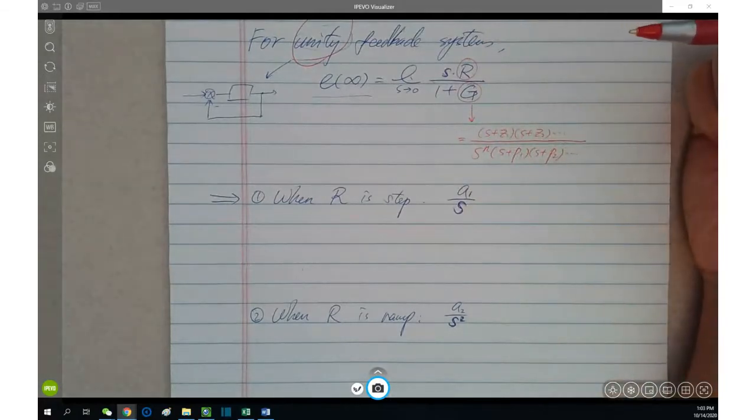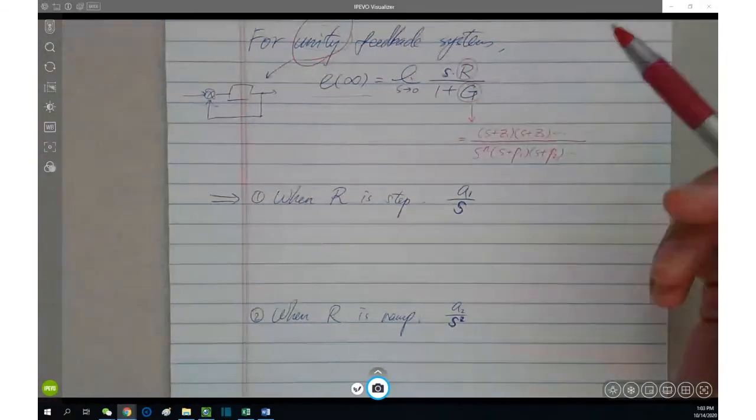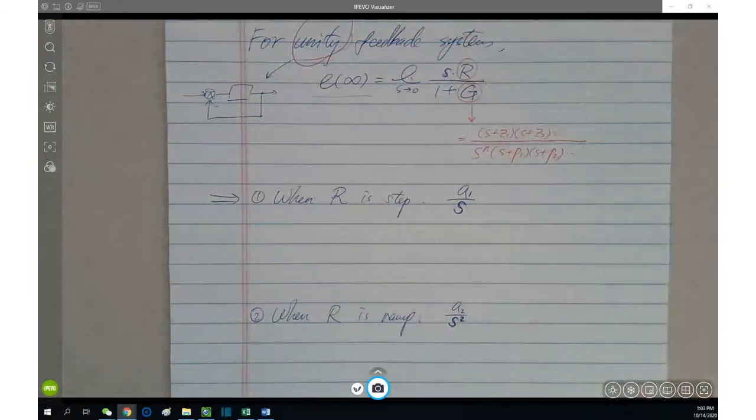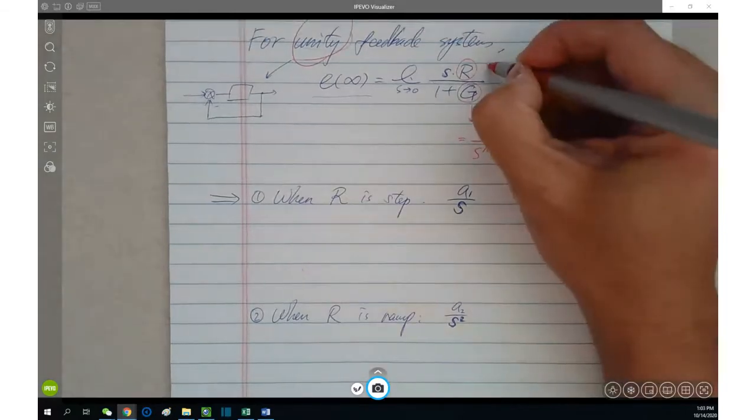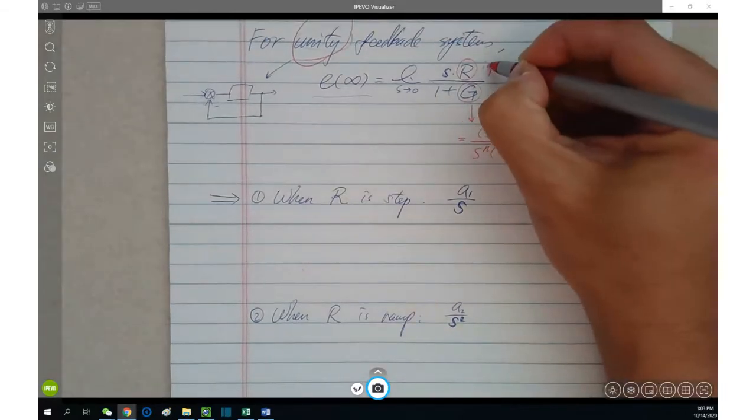Anyone knows? No one remembers? R, input. Good, Kevin is right. This is our input signal.